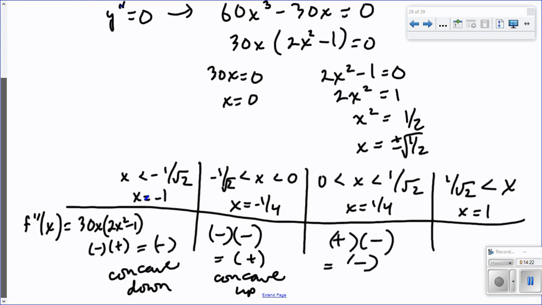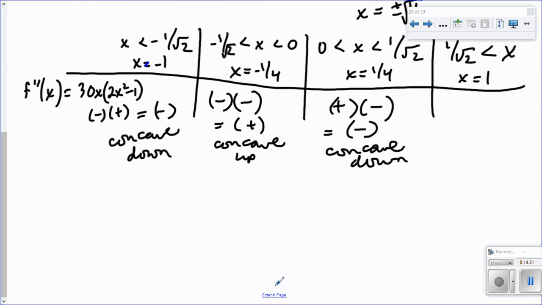That's a negative, that's concave down. And then over here I've got a positive and a positive. So when x equals 1, 30 times 1 is positive, and then 1 squared times 2 is 2, take away 1 is another positive. The product of a positive and a positive means it's concave up.